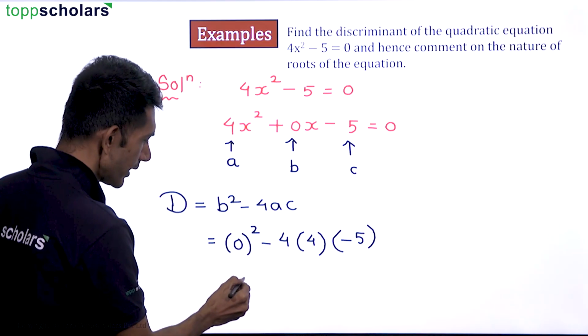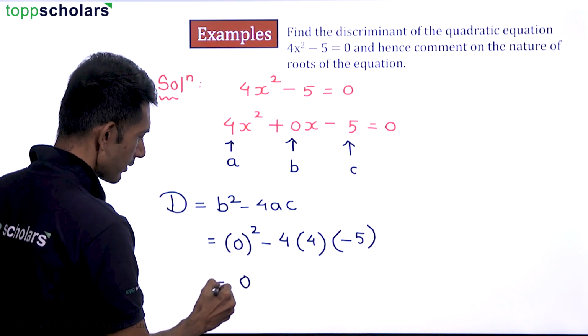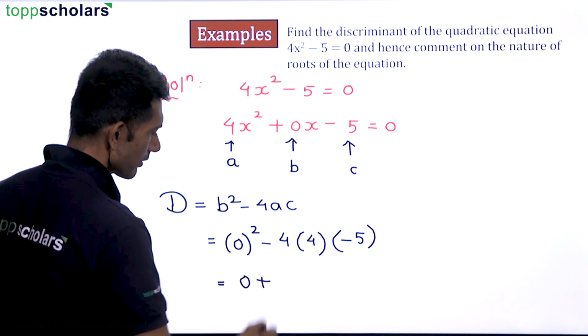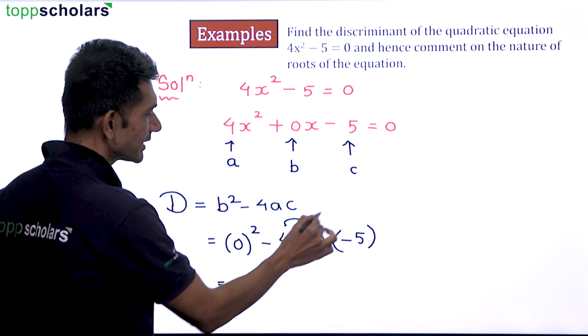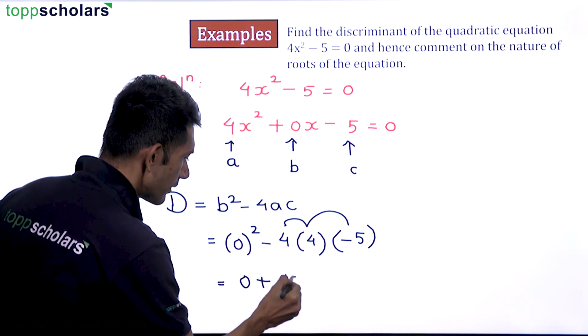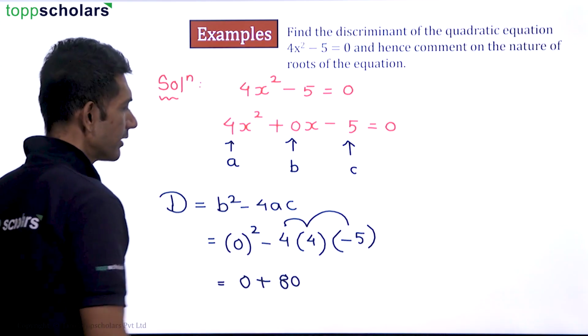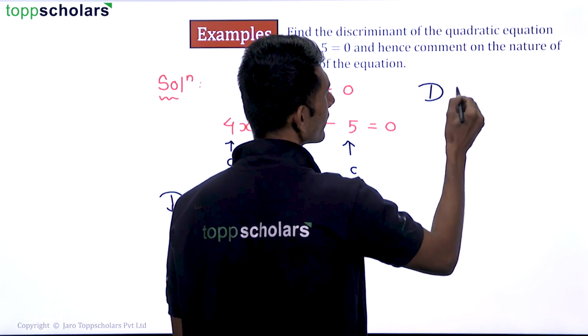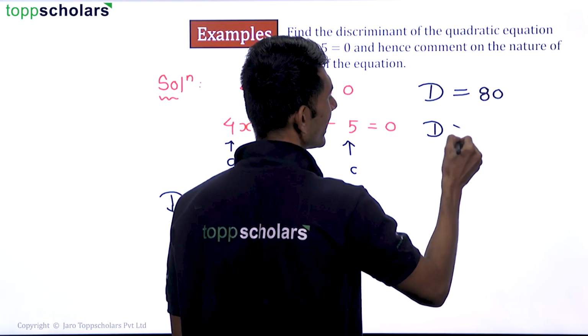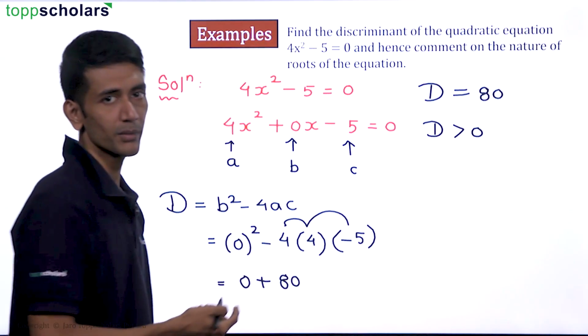0 will remain 0 only. Minus minus plus, 4 4s are 16, 16 5s are 80. 0 plus 80 is how much? 80. So can I say the value of d is 80? Can I say the value of d is greater than 0? 80 means positive number, no?